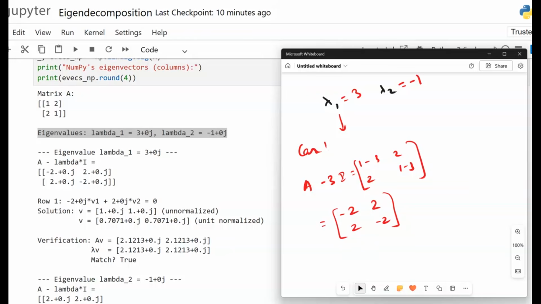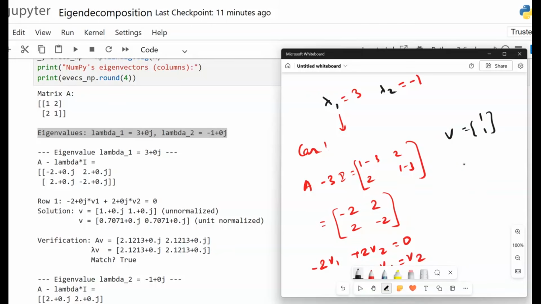And solving the null space, kindly observe, dear friends: minus 2v1 plus 2v2 is equal to 0, which implies v1 is equal to v2. So a valid eigenvector we get is V equal to [1, 1].